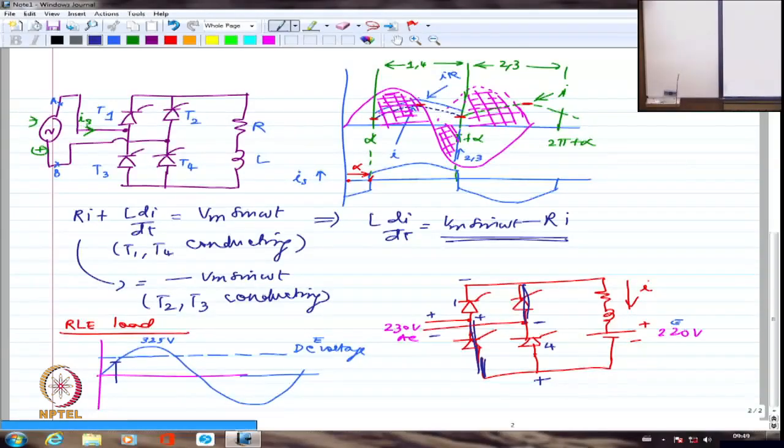On the other hand, let's say it is not continuous conduction, no current is flowing. If no current is flowing, this is an open circuit, this is also an open circuit. You get my point? If it is open circuit, I have the supply voltage connected here, which is positive, but I have this plus also coming into the picture here. This plus will come here because it is the open circuit voltage.